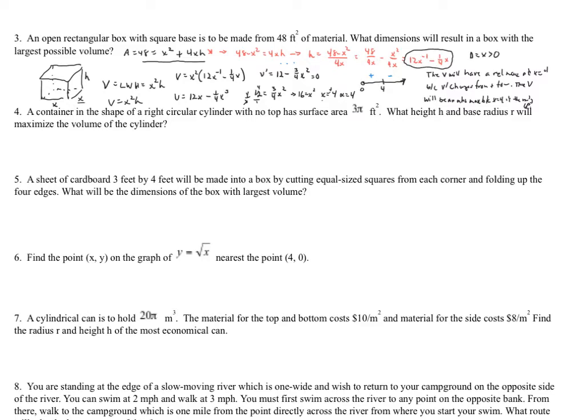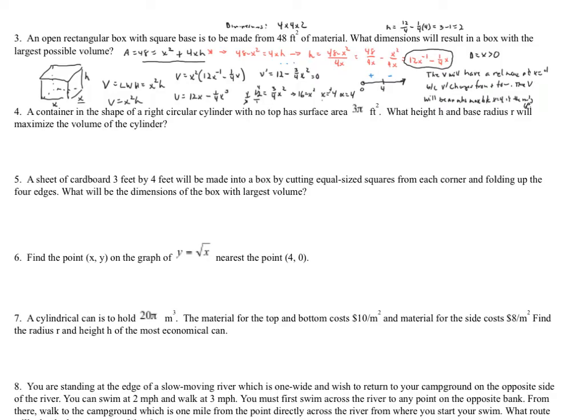So if x is 4, then our h is going to be 12 divided by 4 minus 1/4 times 4. 12 divided by 4 is 3. 1/4 of 4 is 1, so that'll be 2. So our dimensions for our box that has maximum volume is going to be 4 by 4 by 2.